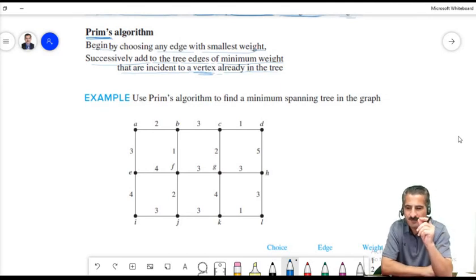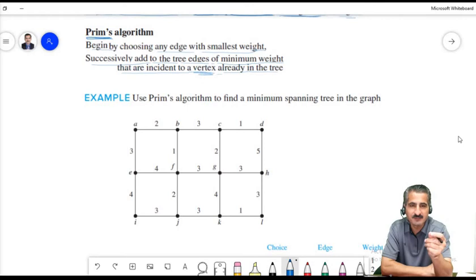Now look at the edges incident to this vertex, and take the edge with the smallest weight. Once you do so, you have added another edge, so one more vertex has joined the tree.